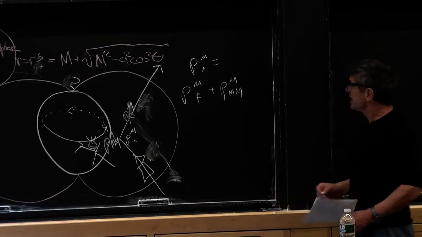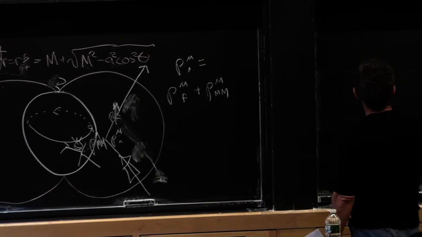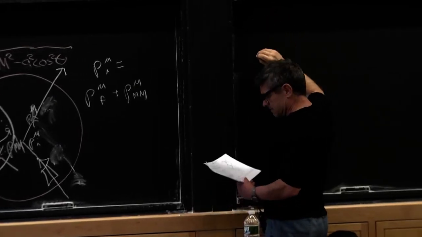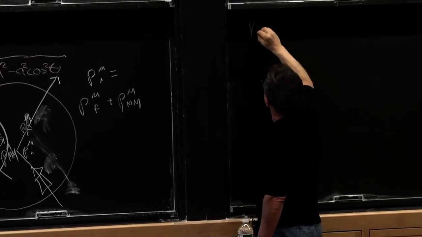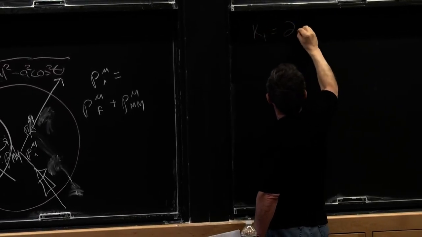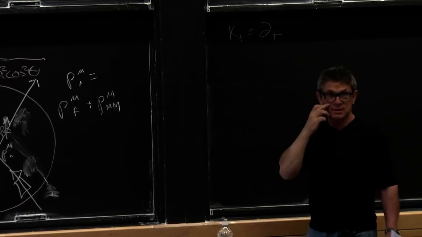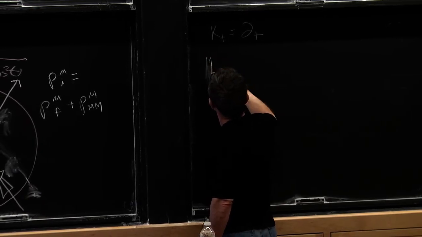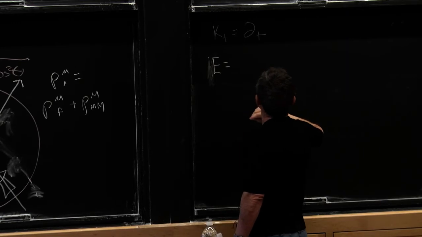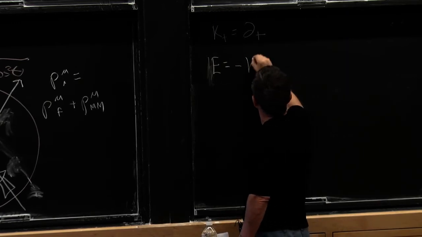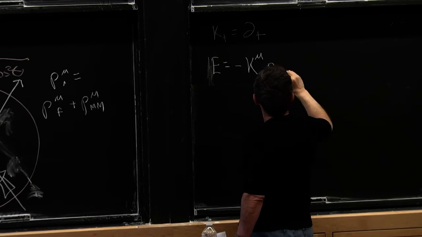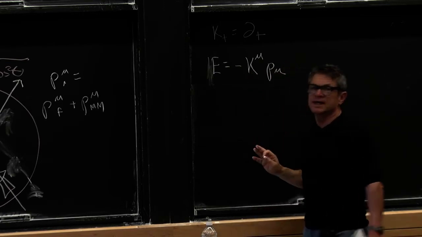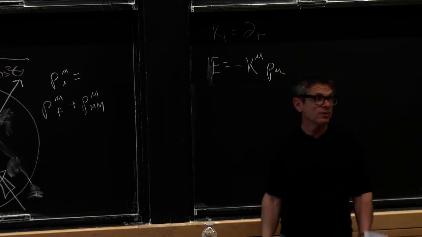However, on a geodesic, whenever you have a Killing vector, so for example, let k sub t equals d by dt be the Killing vector associated with time translations, we get a conserved quantity, the energy, which is I guess minus k mu p mu, which is conserved along any geodesic, as we discussed before.